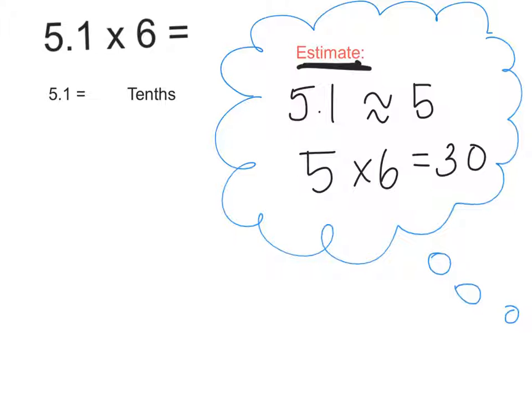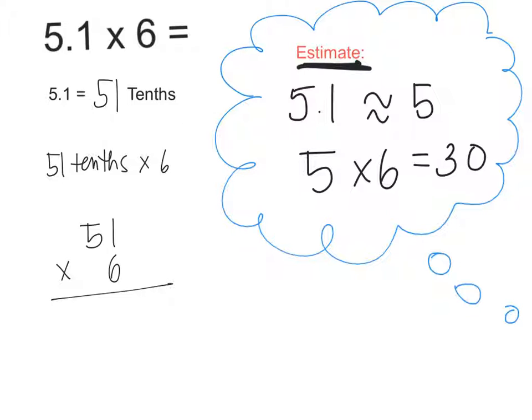In order to actually solve it, let's think about 5.1 is the same as how many tenths? Arun? 51. 51 tenths. So this is the same as doing 51 tenths times 6. Well, then I can just do 51 times 6. And we know how to do this kind of multiplication, yes? 6 times 1 is 6.